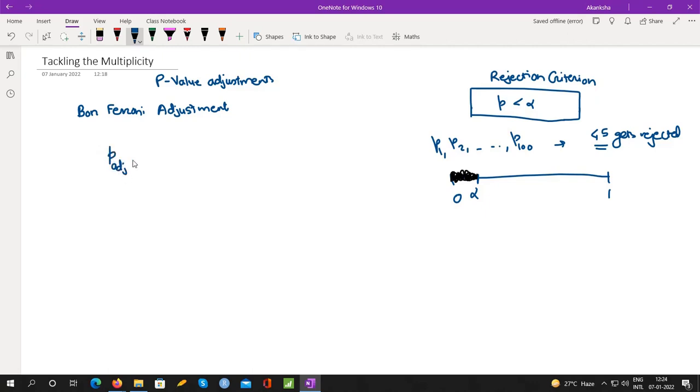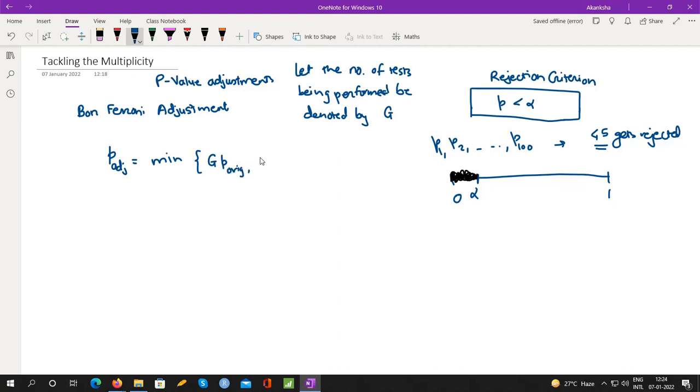I need to define some notation first. Let the number of tests being performed be denoted by capital G. So the adjusted p-value we would define as the minimum of G times the original p, comma 1.